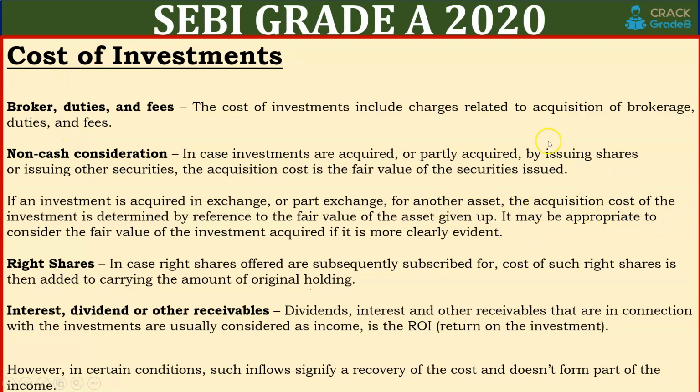Now the acquisition cost of investment is determined by reference to fair value of the asset given up. So when you have acquired a security investment in place of an asset, how will you determine what your cost has been for that investment? That is with reference to the fair value of the asset given up. So the fair value of the fixed asset that you gave to acquire that investment will be known as the cost of investment.